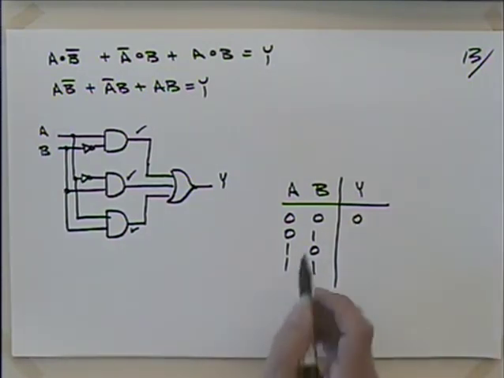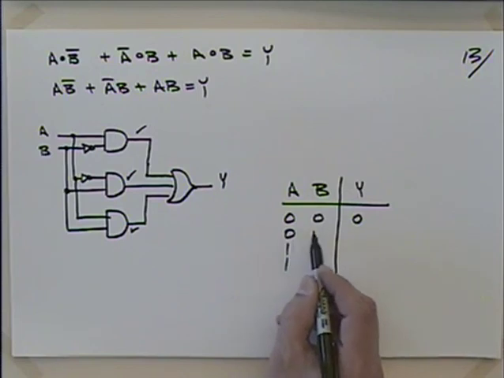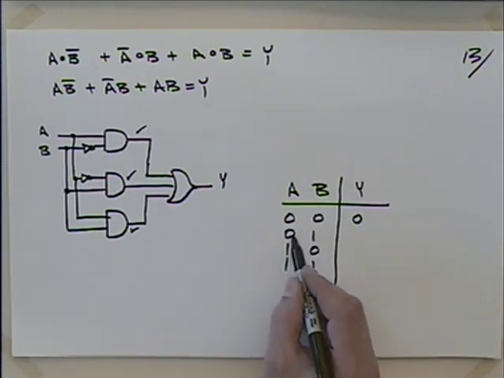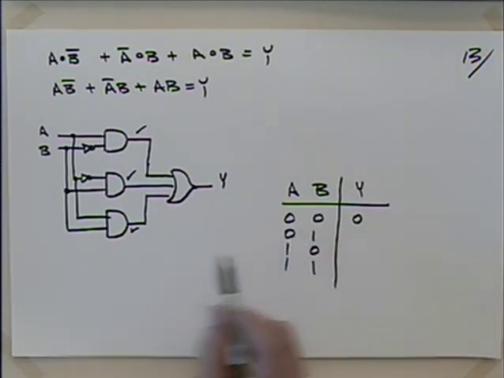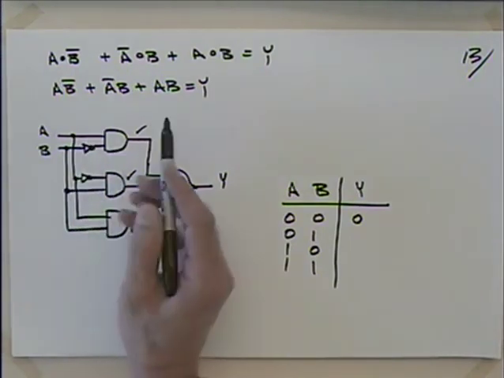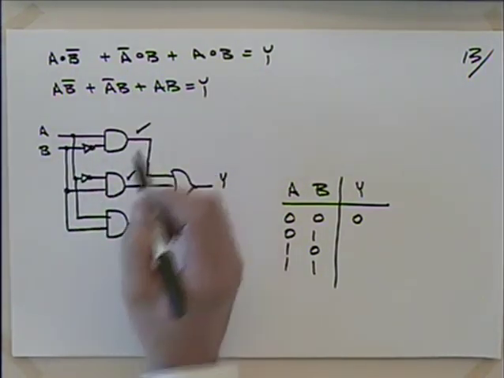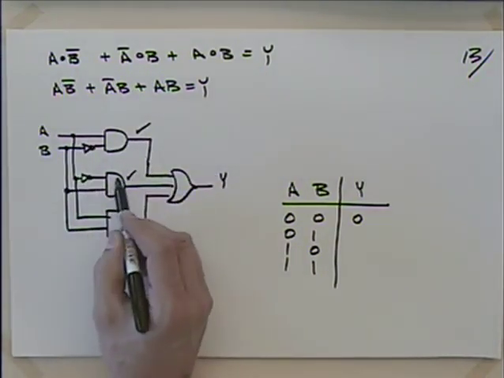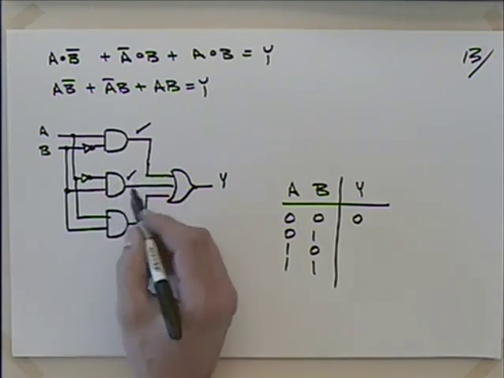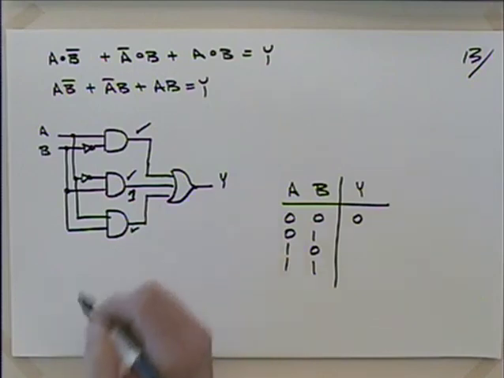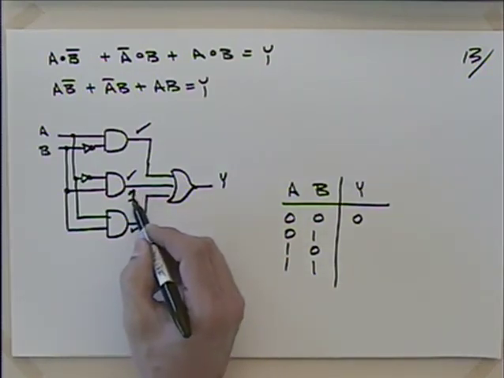But then if I get A is 0 and B is 1, let's see, this is still going to be nothing here, right? But this one's kind of interesting. Now when I invert A, what do I get out of this thing? I get a 1 out of that, don't I? And what do I need for the OR?